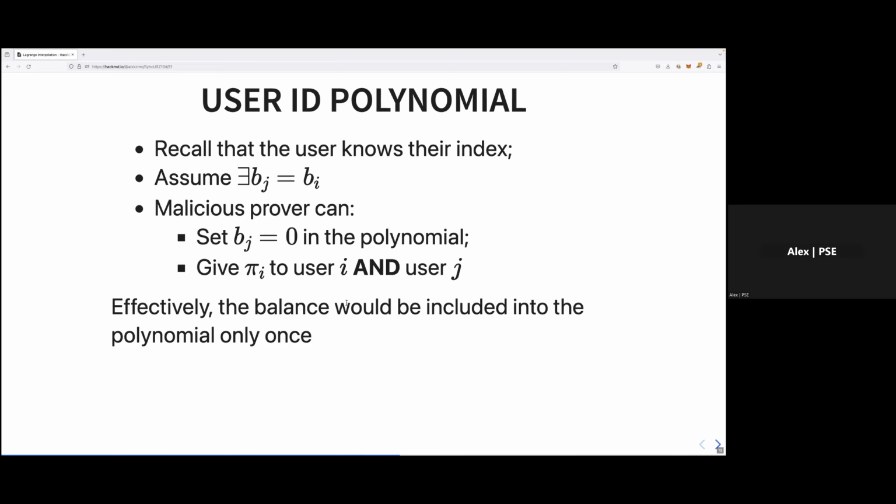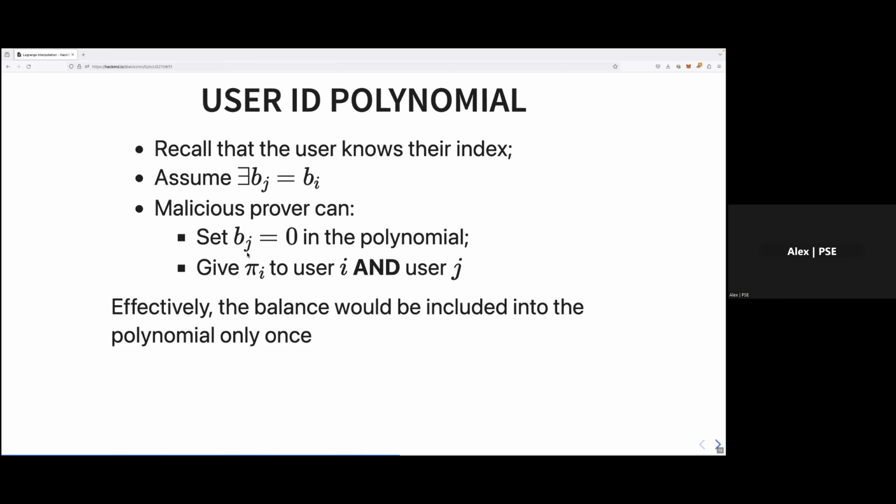And then let's assume that there exists a balance of user J that is the same as the balance of user I. For example, both of them hold 1 Ether on the exchange. So in this case, what a malicious prover can do is zero out one of the balances.